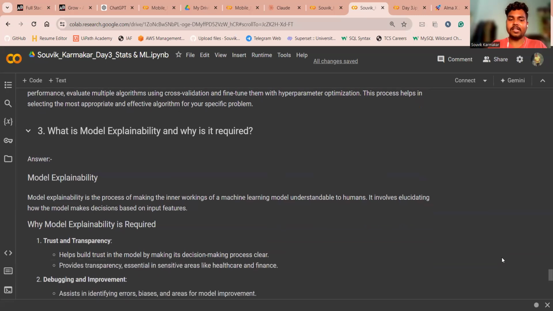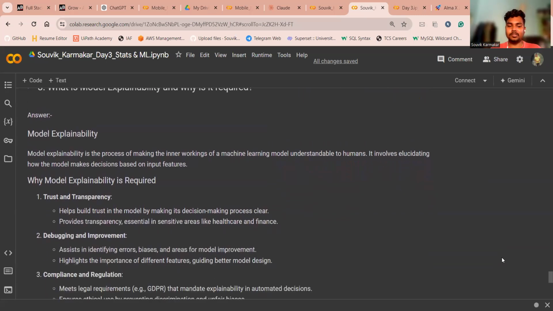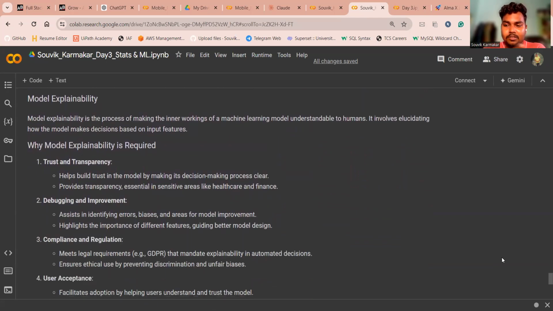So why is model explainability required? Model explainability can build trust in the model by making its decision making process clear. It also provides transparency, essential in sensitive areas like healthcare and finance. It can assist in identifying different kinds of errors, biases, or areas for model improvement.